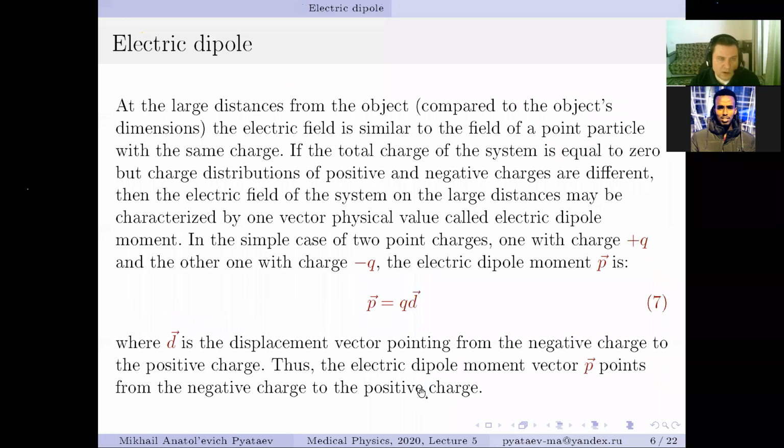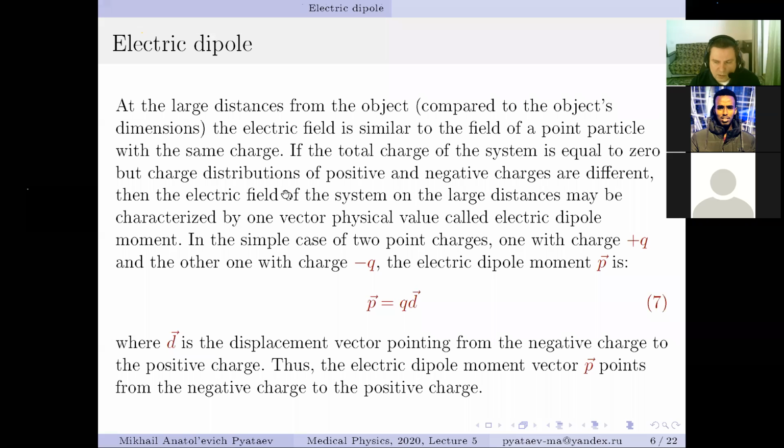Well, the next thing, which is not as fundamental as what we discussed before, but which is important from the point of view of application to medicine, is the term electric dipole.